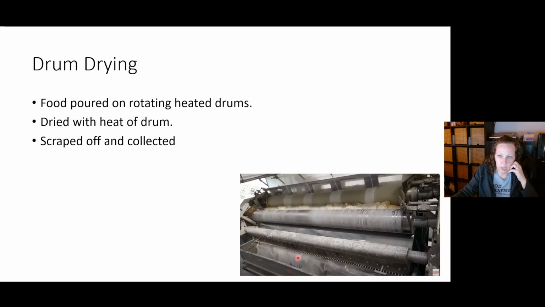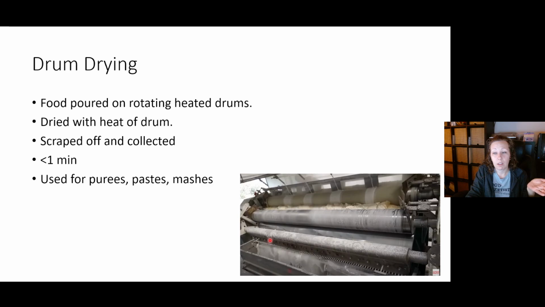If you were to run your hand across it, it's just brittle, okay? It would crack and fall apart in your hand. So this picture looks like it's wet coming down, but it's actually not. It's just a very thin, dry, crackly sheet of this might be potato starch or something like that.